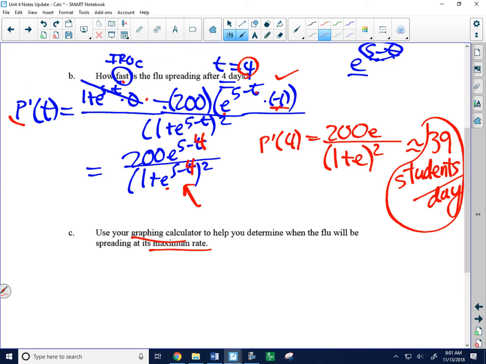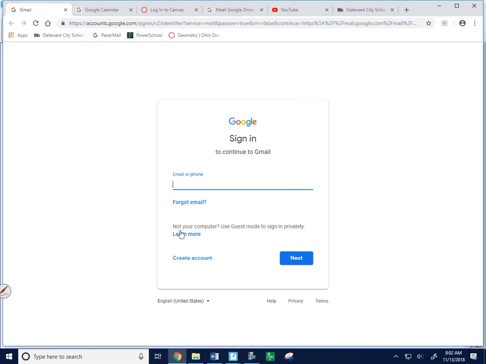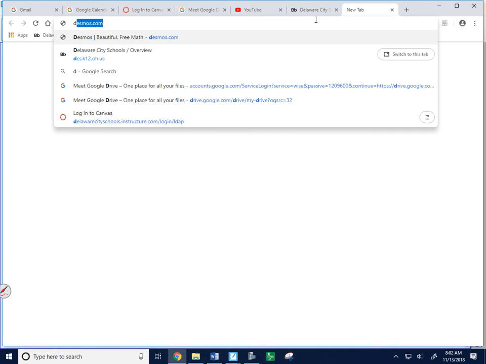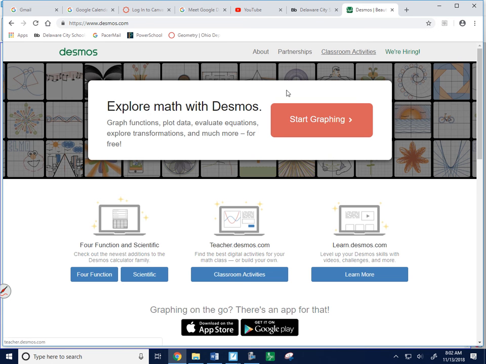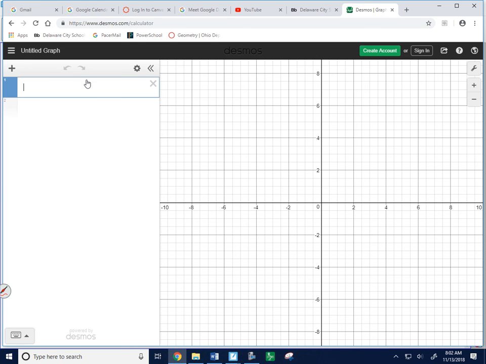So for the max rate, this is the rate of change function, p prime in t. We want to see where on that function it's at a maximum. So basically, we're just going to graph p prime and then look for a max. You can try it out on yours.